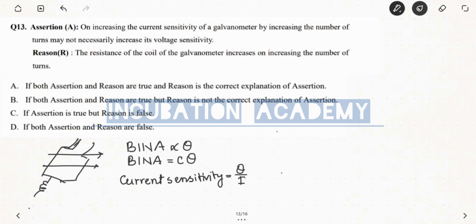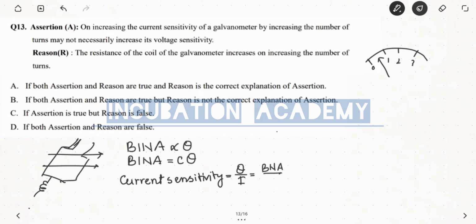For reference, say this is the scale, starting from 0, this is 1, this is 2, this is 3, and this is the pointer rotating there. If you send a unit current, how does the pointer on the scale deflect? So if you calculate theta by I from here, that is BNA by C.